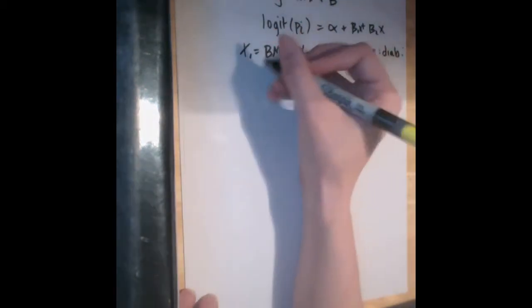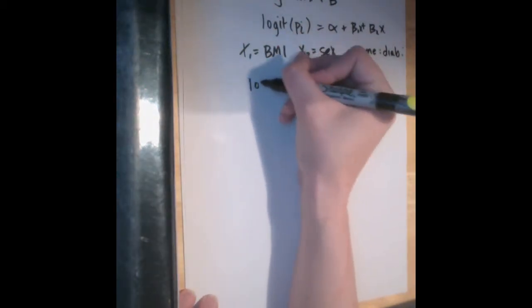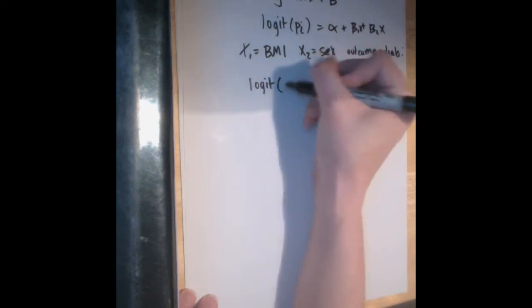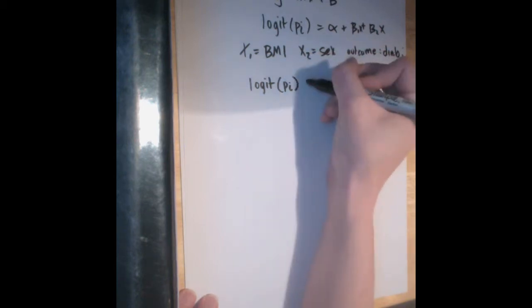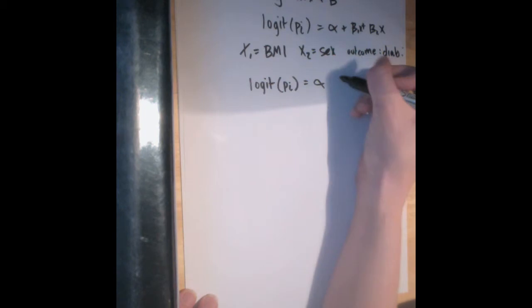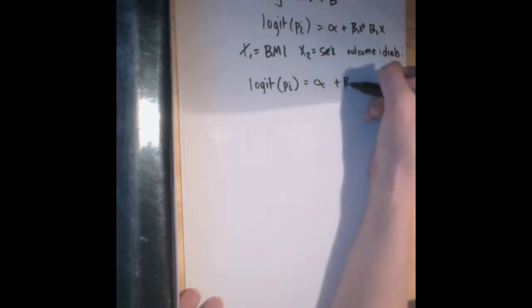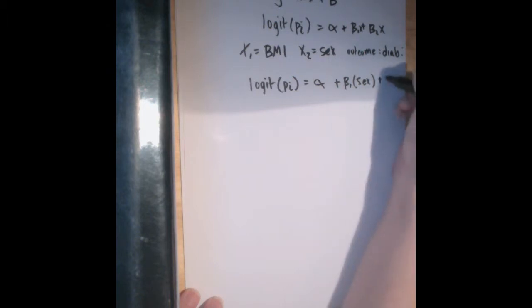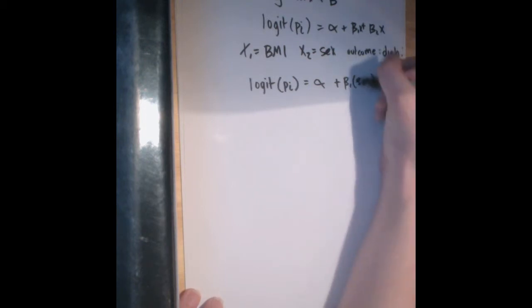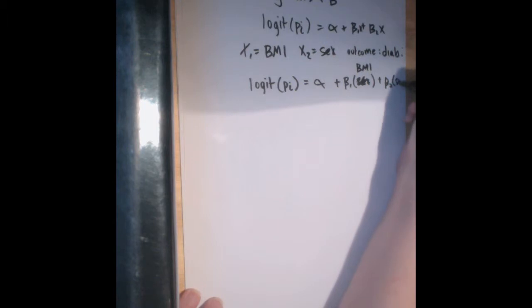So in a simpler model than the ones we were talking about in class today, we just have this constant plus beta 1 times sex plus beta 2 times, and I just got them backwards, but this should be BMI, and this should be sex. Can you tell it's been a long day?